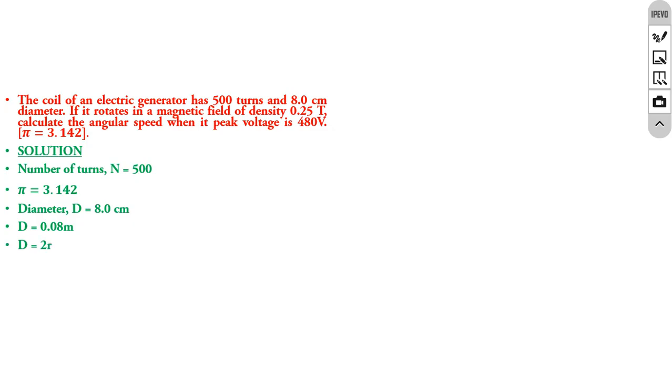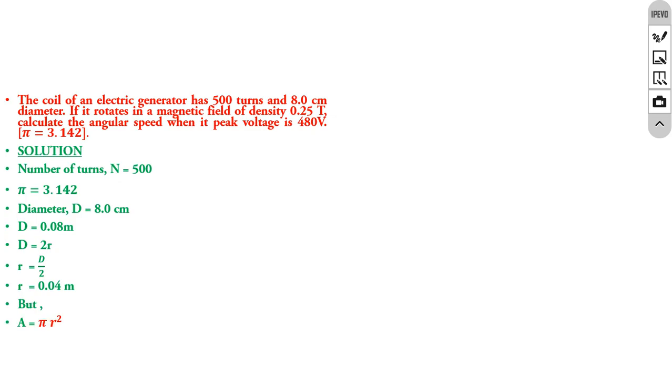Okay, so diameter is equal to 2 radius. When you combine 2 radius, you get a diameter. So if we make the radius the subject, we have d over 2, and then we substitute the value of diameter into d and divide by 2. I didn't do that, but I want you to do that yourself.